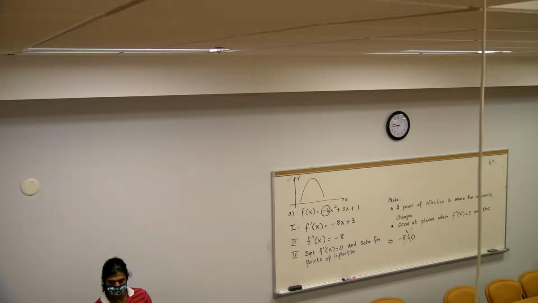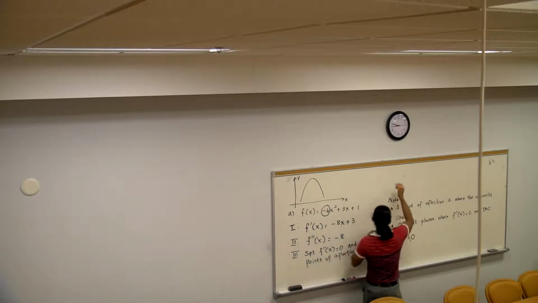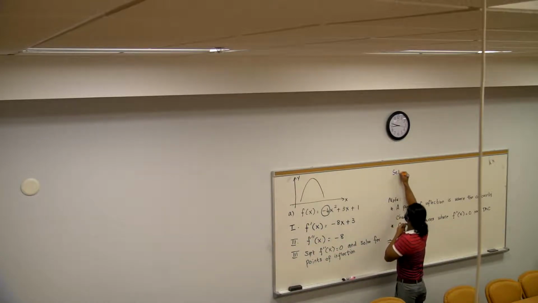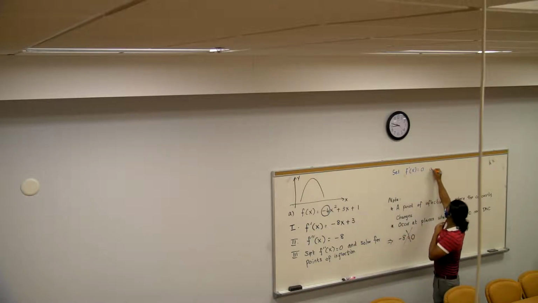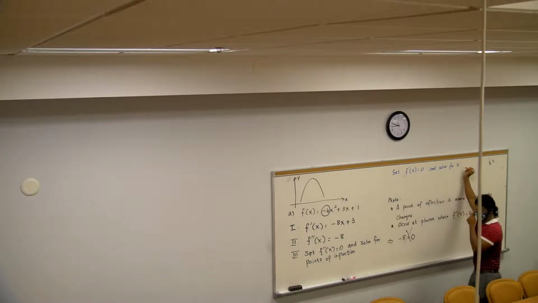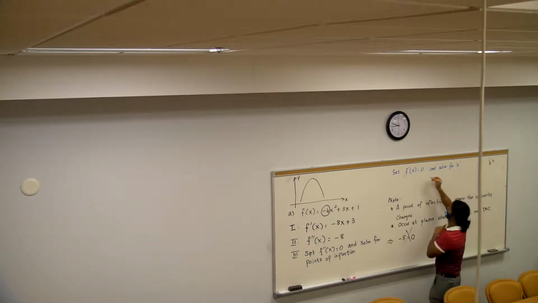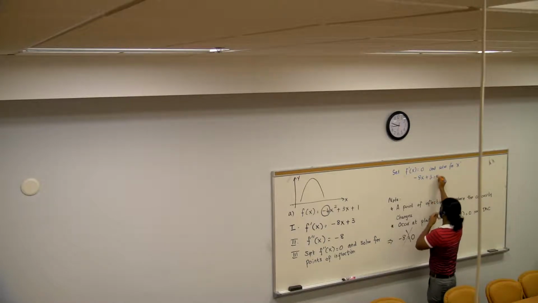We set f prime of x equal to 0. So we set the first derivative equal to 0. In other words, I would have negative 8x plus 3 equals 0.